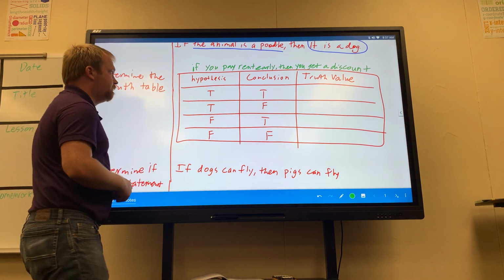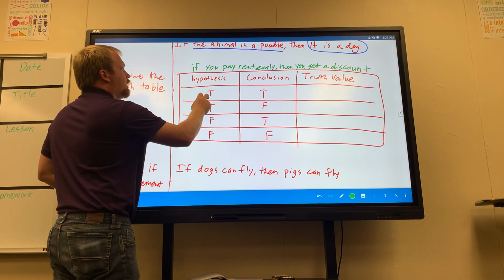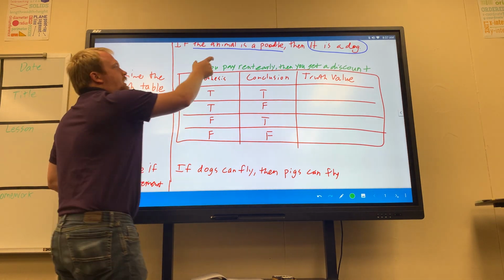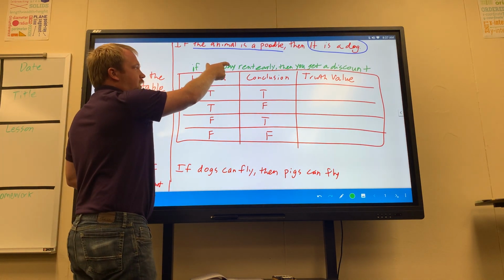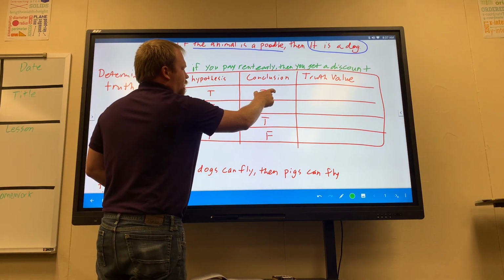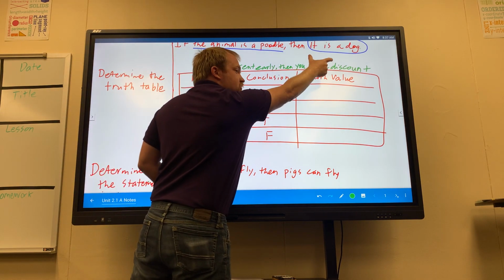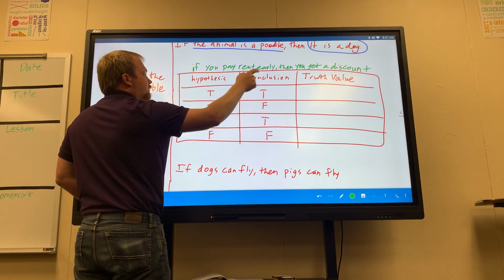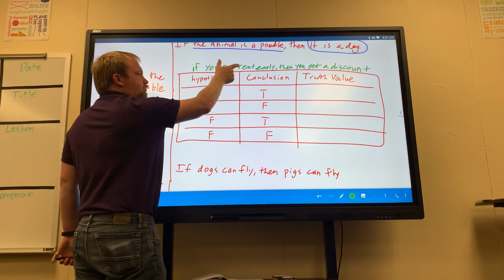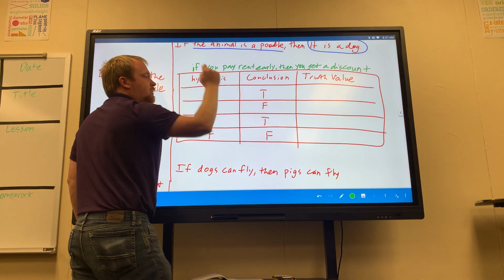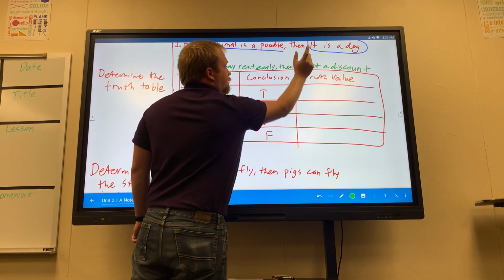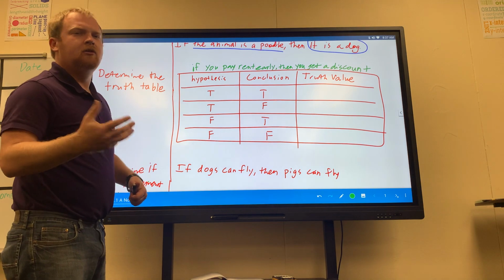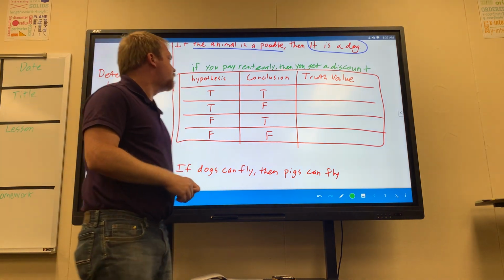So for example, if we say true, that means you did your part in paying the rent. And if it's true in the conclusion, that means you get the discount. If it's false for the hypothesis, you did not pay your rent early. And if it's false for the conclusion, you don't get a discount. So the false is pretty much the opposite.